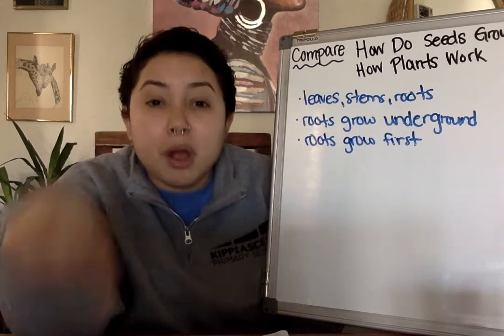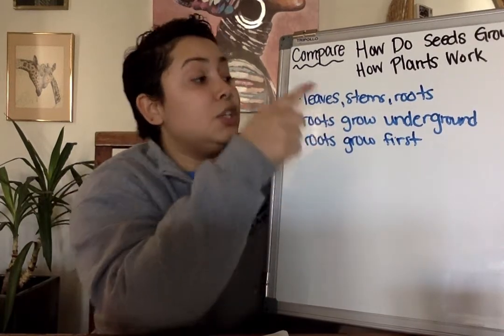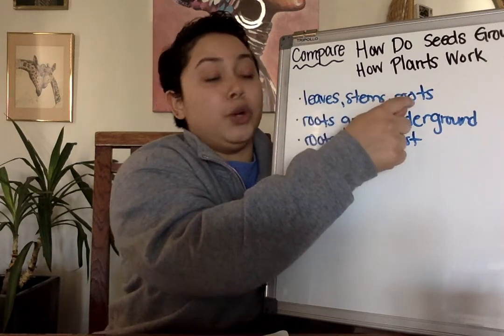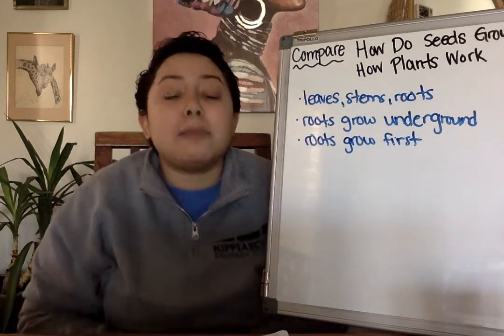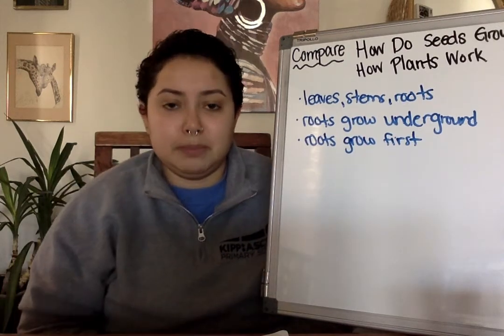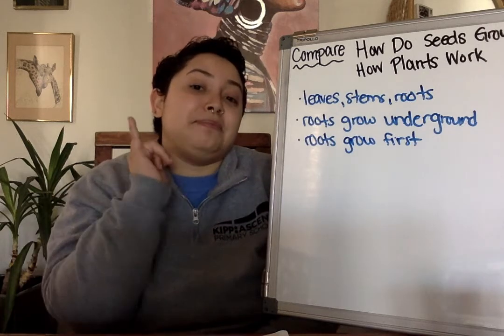You're probably right. Now, I noticed that in both texts, we hear the words leaves, stems, and roots. So both texts talk about all of those things. That's one way that the texts are similar. Did you come up with that? Give me a brain match if you did.